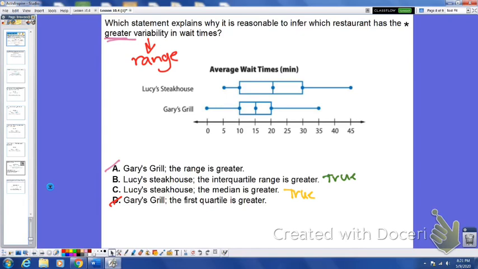So between these two, B would be the one that we want to pick because it's talking about the interquartile range. So again, while they are both true statements, the median doesn't tell us anything about our variability, so we would want to pick B.